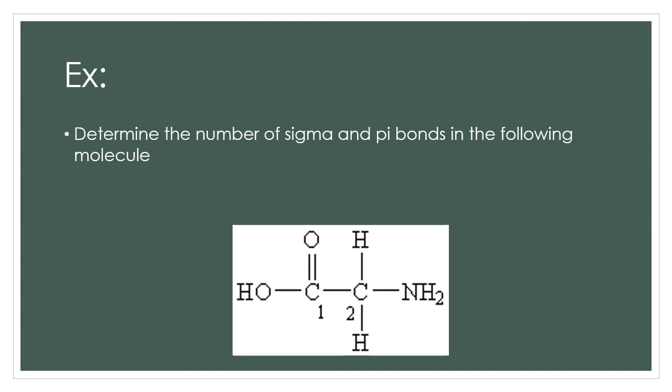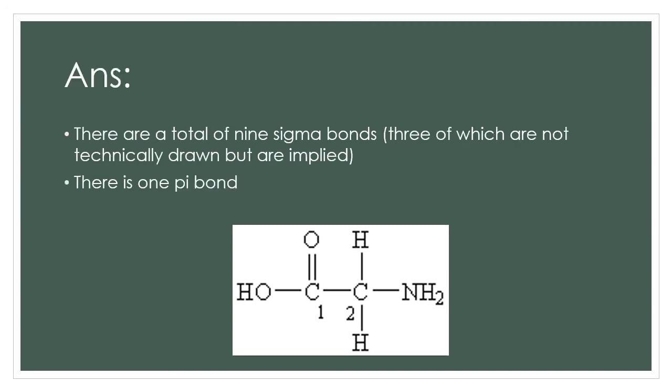The sigma bonds will take a little bit longer to count. There are a total of 9 sigma bonds in this molecule. Unfortunately, 3 of them are not really drawn. There is a sigma bond between the H and the O on the far left, and there are 2 others between the H's and the N on the far right. That makes 3. In addition, the O to the C from the OH group on the left is another.